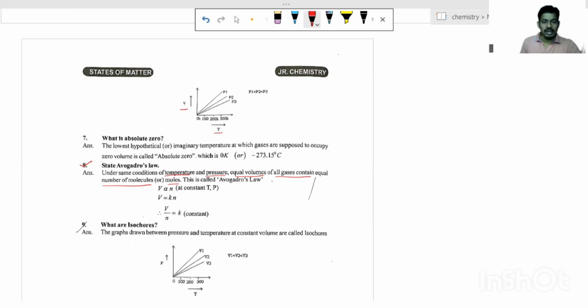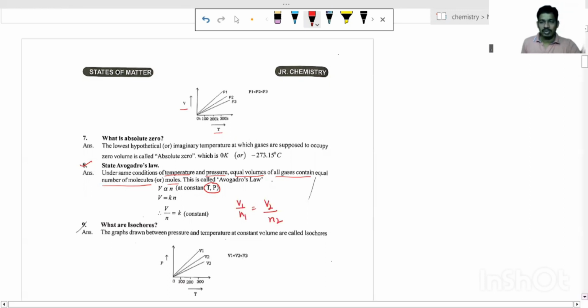So in this, temperature and pressure are both kept constant. So V is equal to Kn, V by n is equal to K. Even if we consider two gases, V1 by n1 is equal to V2 by n2 also we can write. So this is the definition for Avogadro's law.